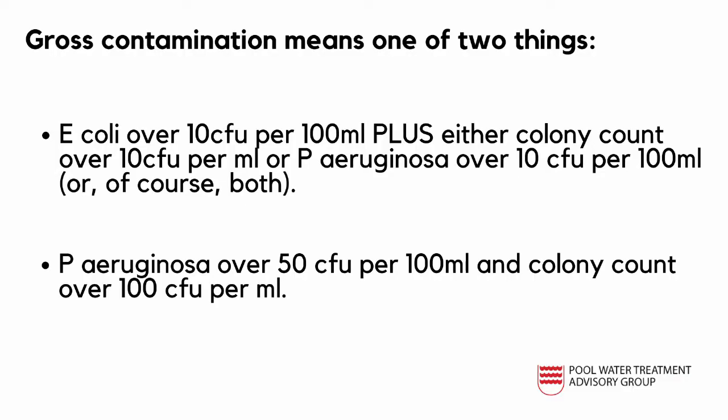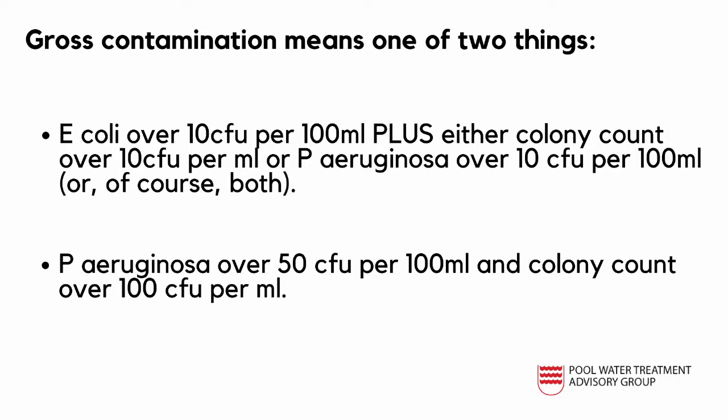Now, in the PUTAG book, they express gross microbiological contamination like this. Have a read of that, and what you might appreciate is that it is a little bit difficult to get your head around.